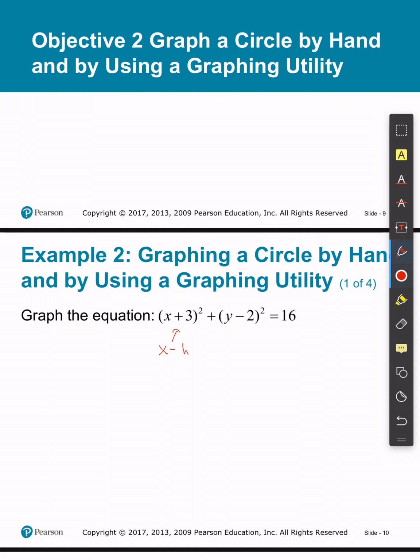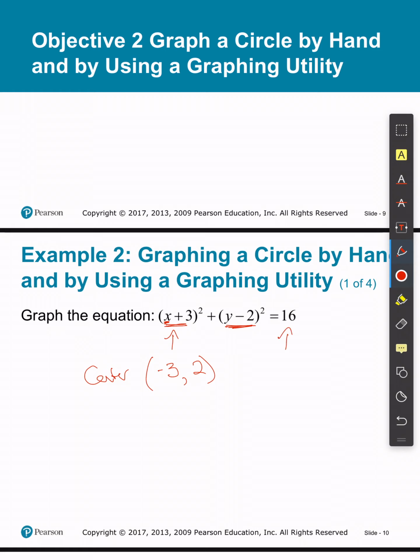One of the things that I've always taught my students is to just consider this: what makes this go to 0? What makes this go to 0? That's your center. What makes this go to 0 is negative 3, and this is the x value. And what makes this go to 0 is 2. That'll always work. So the center is at negative 3, 2.